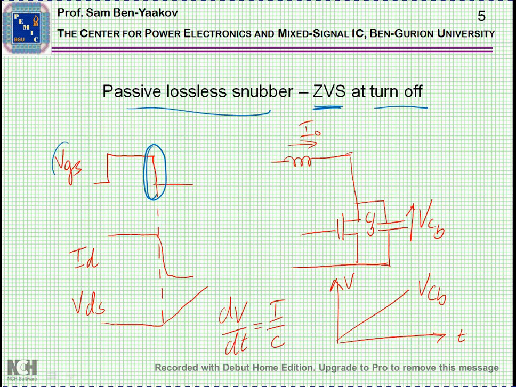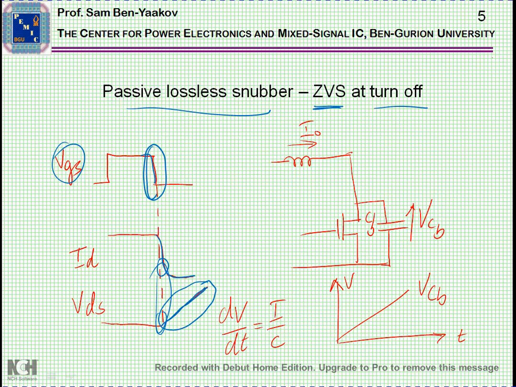This is the gate voltage. It's going down. Drain current goes down. The drain voltage VDS is going up, and we are going to slow down the rate of rise here so as to minimize this overlap.